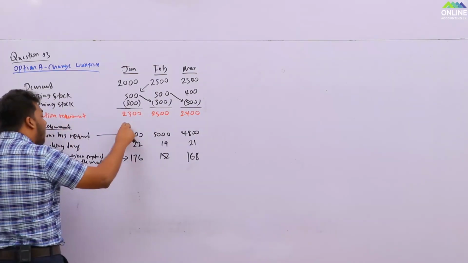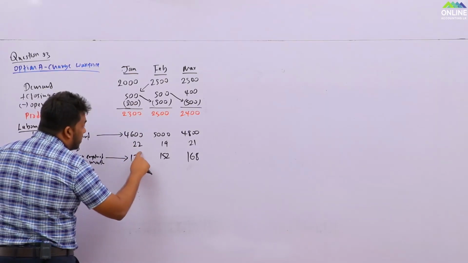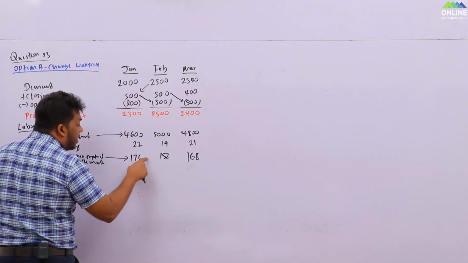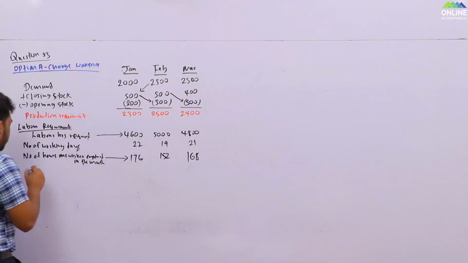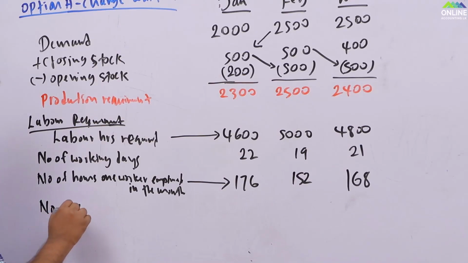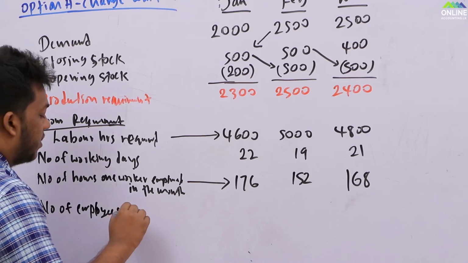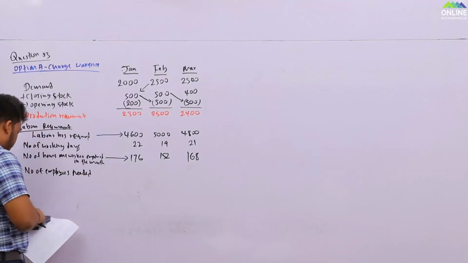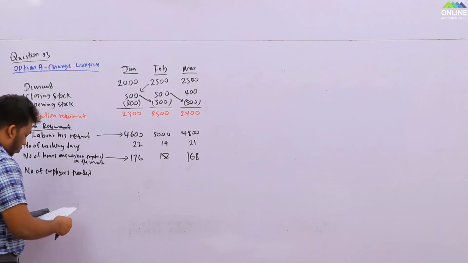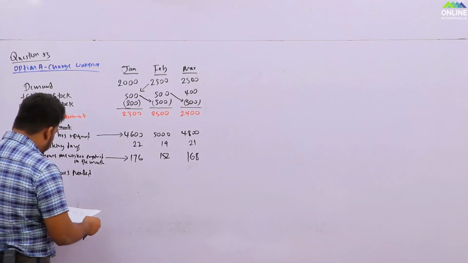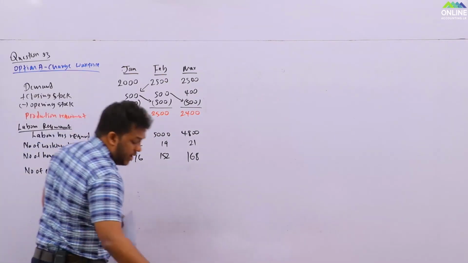If the total hour requirement is 4600, and one employee is contributing 176 hours, if you divide this by this, you will get the number of employees needed. That is 4,600 divided by 176, which is 26.136.